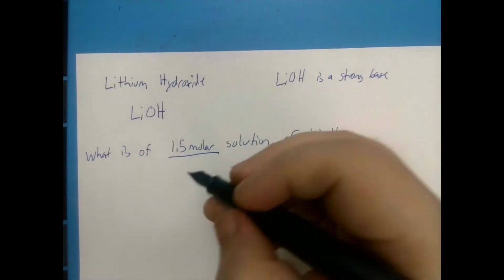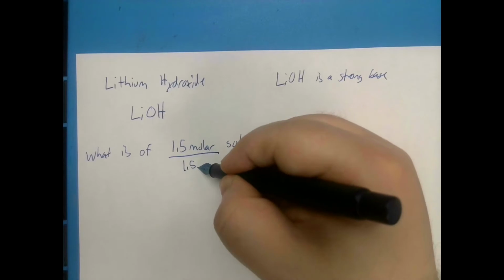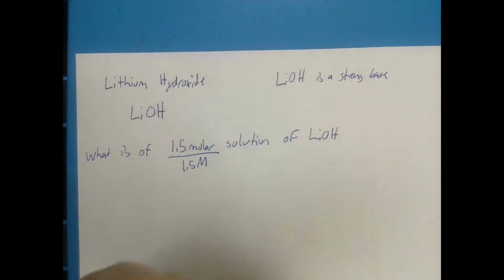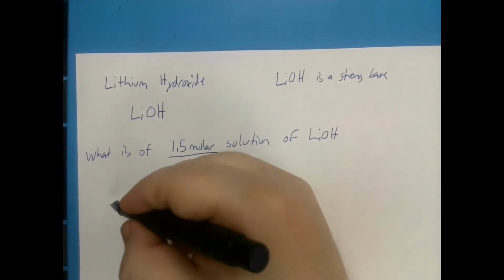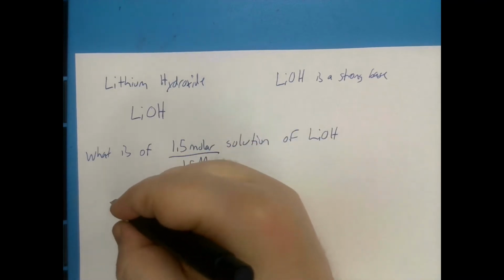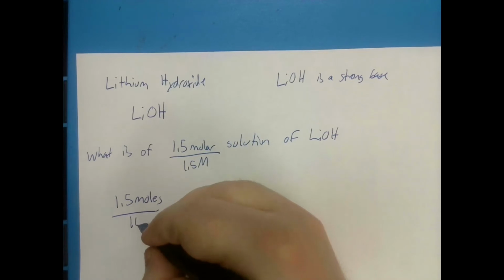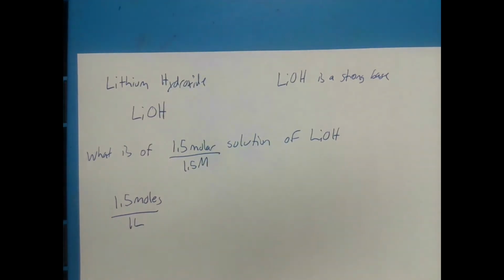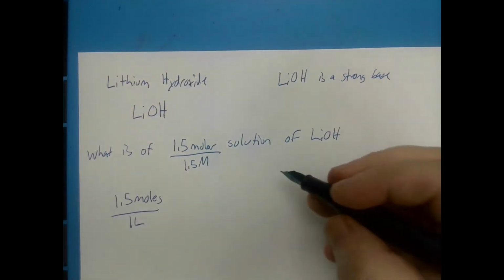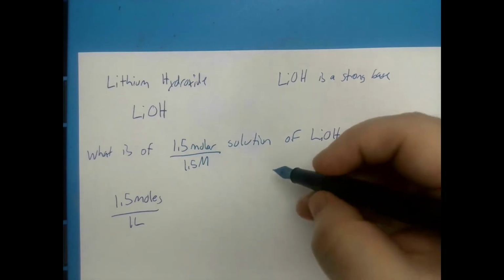So 1.5 molar, abbreviated as 1.5 M. Molarity, which you should know, is the same thing as saying 1.5 moles per 1 liter. So what is the dissociation equation?